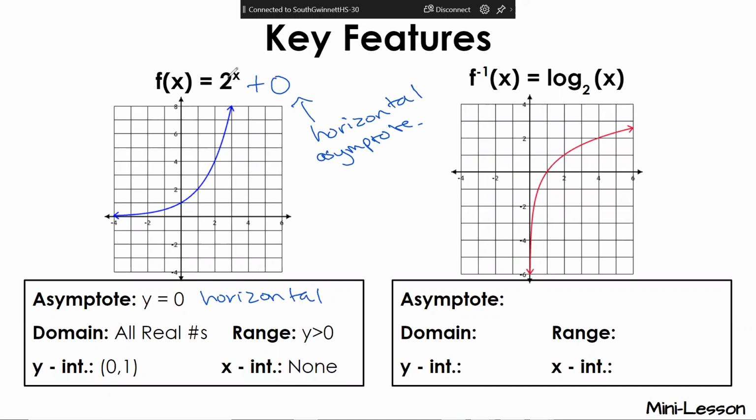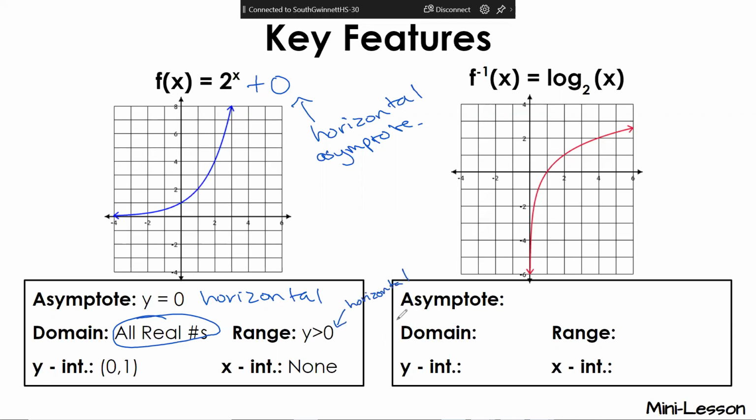For domain, for any exponential function, this is always going to be true. For an exponential function, so we have an x in the exponent, the domain is going to be all real numbers. That's always going to be the case. Always. Okay. For range, we're going to deal with our horizontal asymptote.